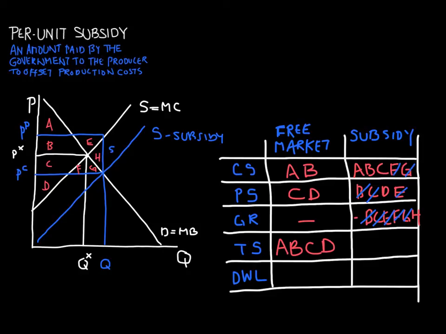And if I look at what's left, we have positive A, B, C, and D, but we have a negative H. And that negative H is what's reducing the surplus of the subsidy compared to the free market. And that reduction, that loss in surplus that nobody gets, is what we call a deadweight loss. So H is then the deadweight loss right there.